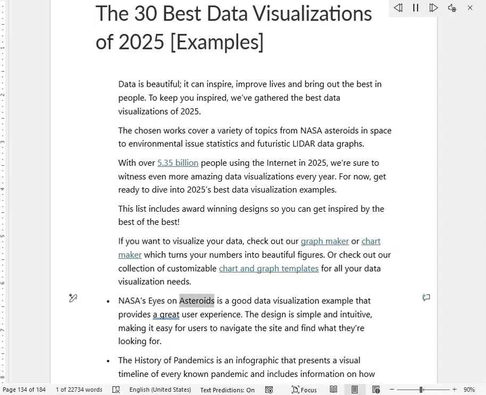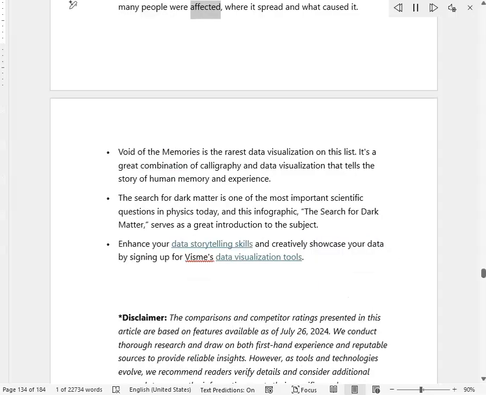NASA's Eyes on Asteroids is a good data visualization example that provides a great user experience. The design is simple and intuitive, making it easy for users to navigate the site and find what they're looking for. The History of Pandemics is an infographic that presents a visual timeline of every known pandemic and includes information on how many people were affected, where it spread, and what caused it.